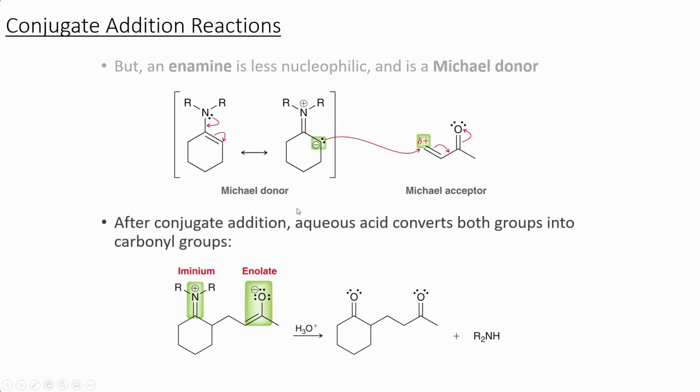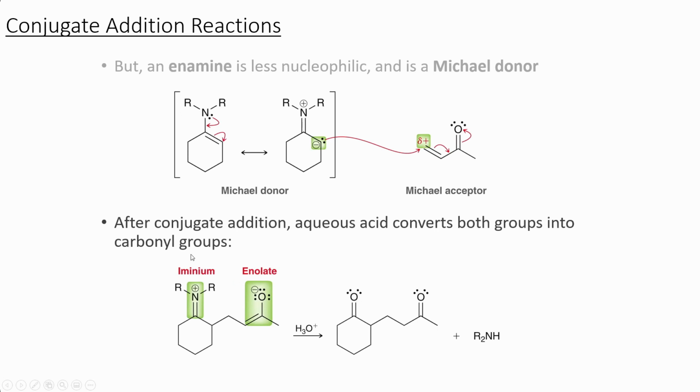In a conjugate addition reaction, we first undergo our conjugate addition reaction. Our enamine acts as our nucleophile, and then the Michael acceptor acts as the electrophile, and we create our new bond. In the workup stage, we have our iminium ion and our enolate anion. When we add acid, we're actually going to hydrolyze our iminium ion back to the ketone.